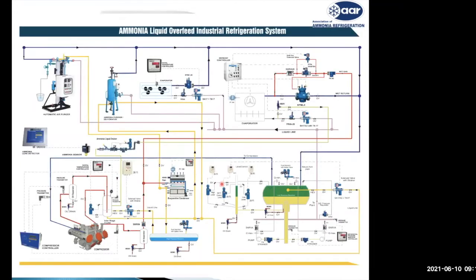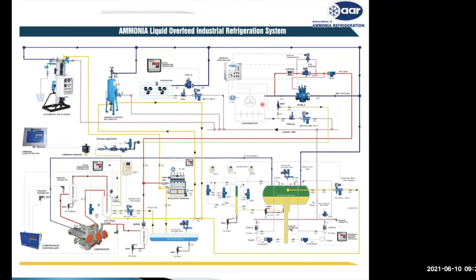When we have an ammonia liquid overfeed system, we have a compressor, evaporator, condenser, high pressure receiver, oil separators, and oil intermediate coolers, which can be considered the high pressure side. Whereas on the low pressure side, we have a pump vessel, liquid recirculation filter vessel, what is called a low pressure vessel, then ammonia pumps.